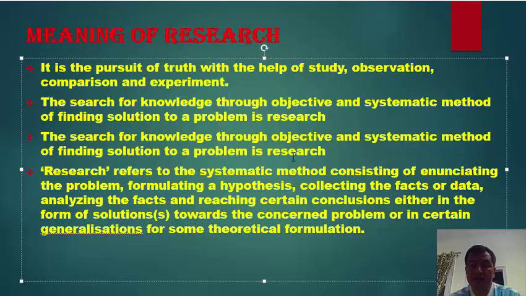Again, these are the steps. When you are doing research, at the beginning you see what the problem is, what the phenomenon is. Then you go for a literature review, which means you look at what other people have found about this phenomenon or problem.